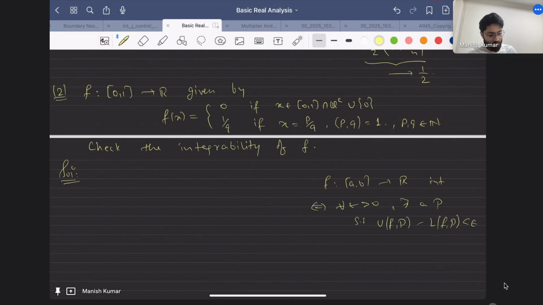So the upper sum and lower sum can be made arbitrarily close, right? This is what we know. We'll try to use this formulation to conclude that this function is integrable. Let us try to see what is this U f P minus L f P for this one.